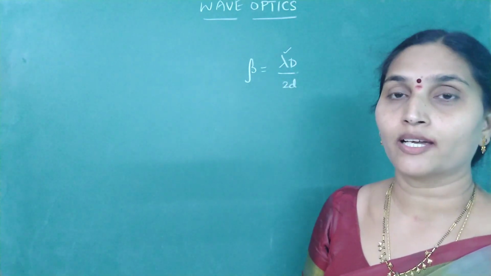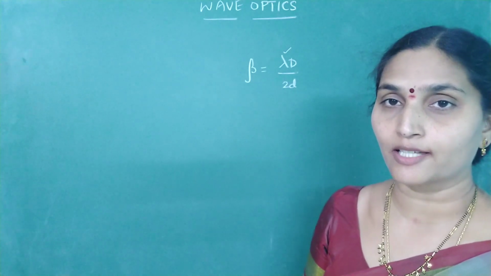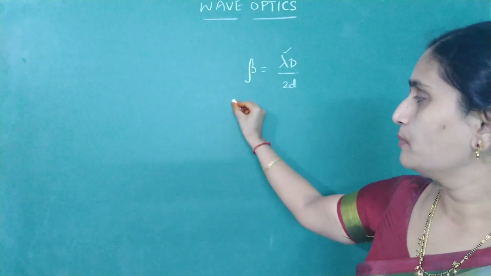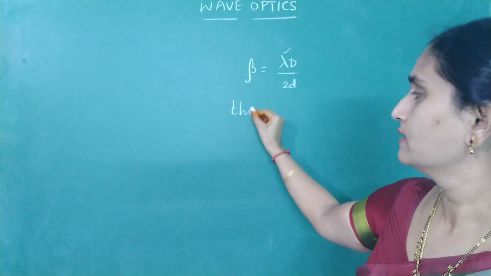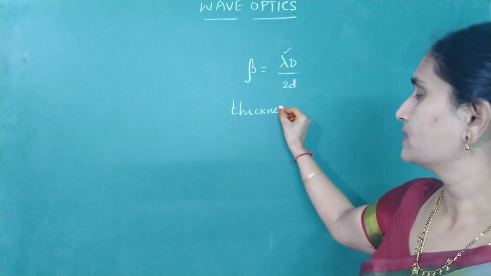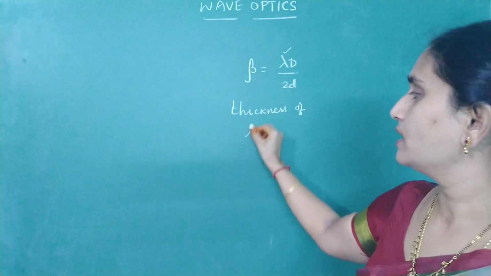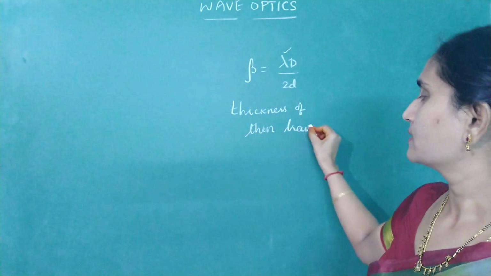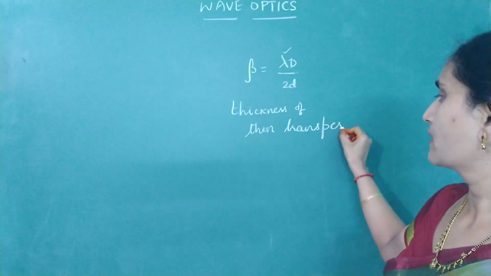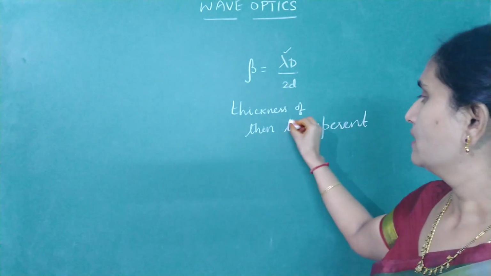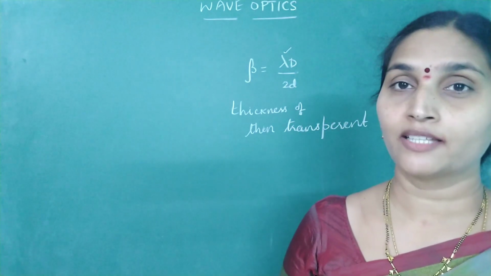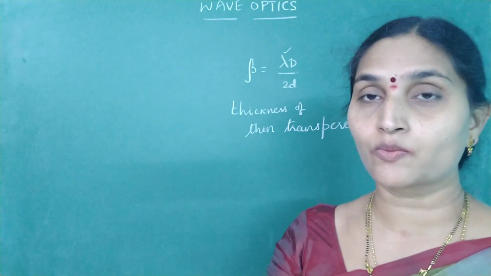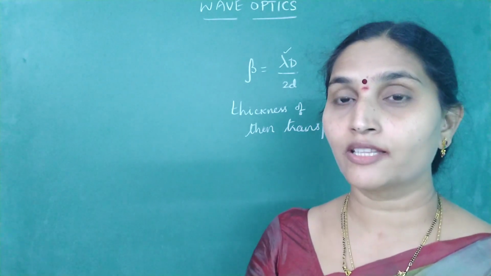But there is one more application regarding this Young's double slit experiment. It can also help you in determining the thickness of thin transparent films. Say you want to determine the thickness of a contact lens. It's very transparent and very thin also.